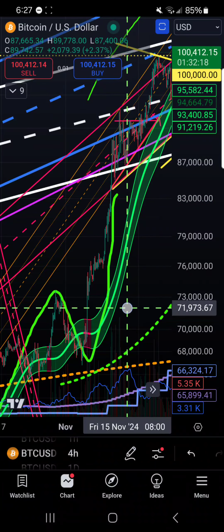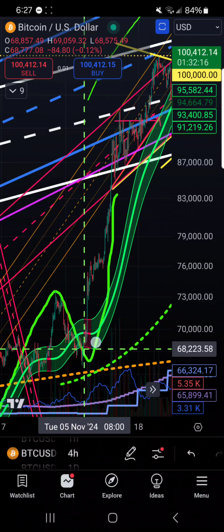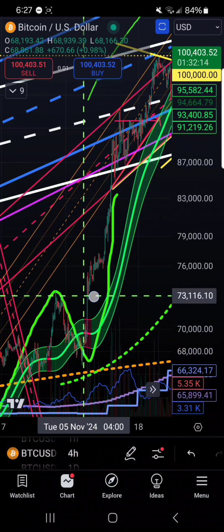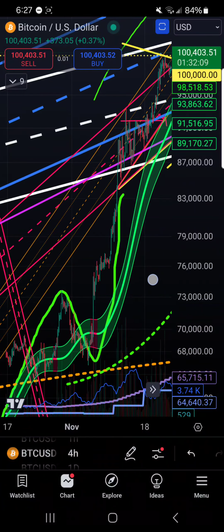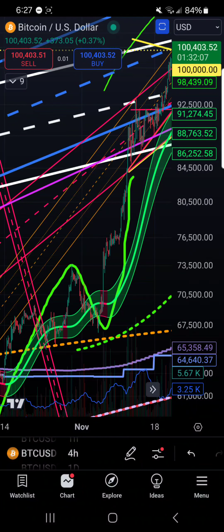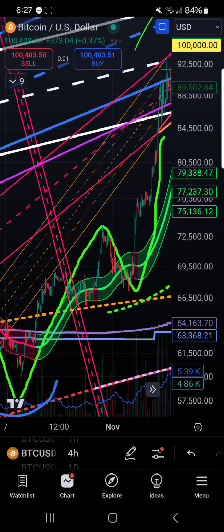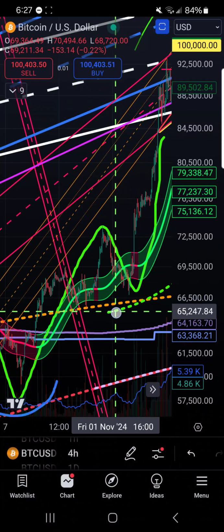And like areas like this where we make big moves upwards, where does that start from? It starts right after the Gaussian channel has turned red. Right there. And then another one right before it.